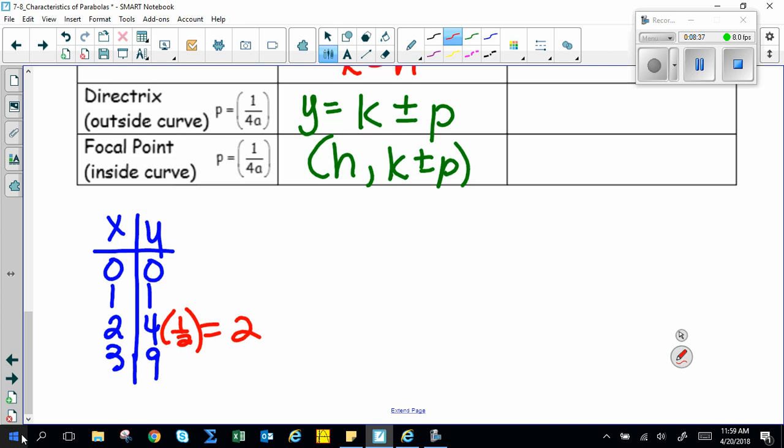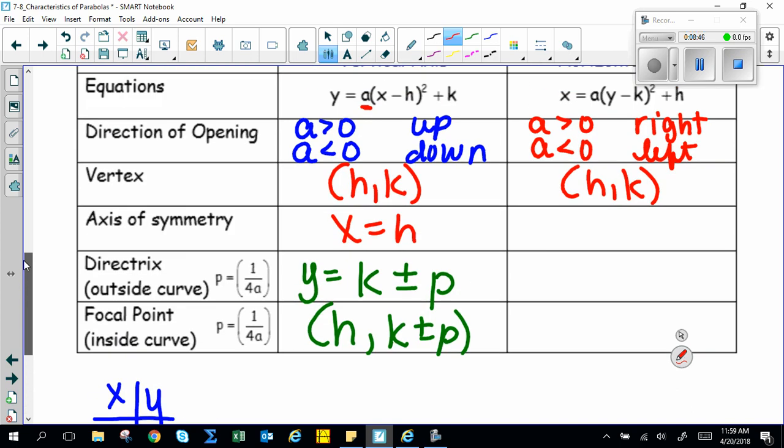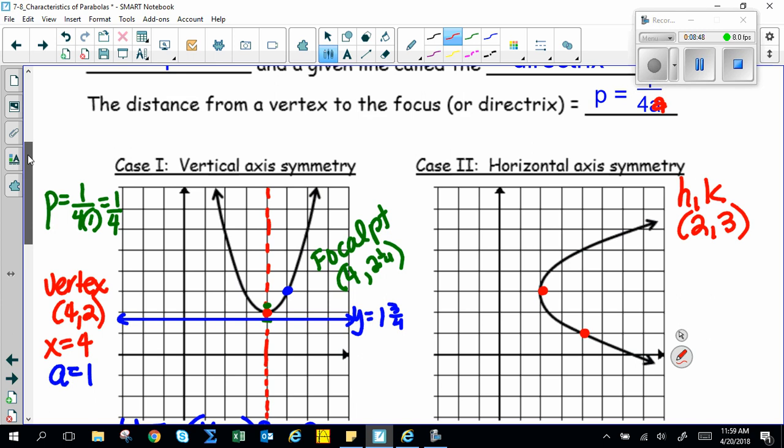If I had turned my paper so that it was concave up, from the vertex I would go right 2 and up 2, which means my a value is 1/2. Well, I have enough information to write the equation.